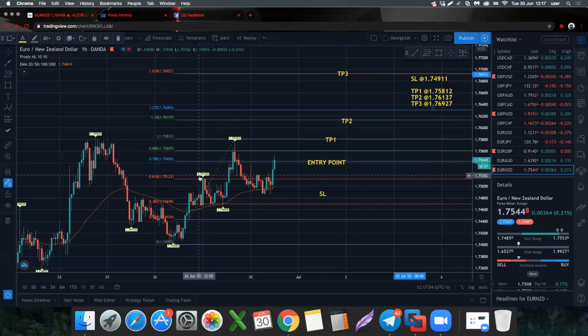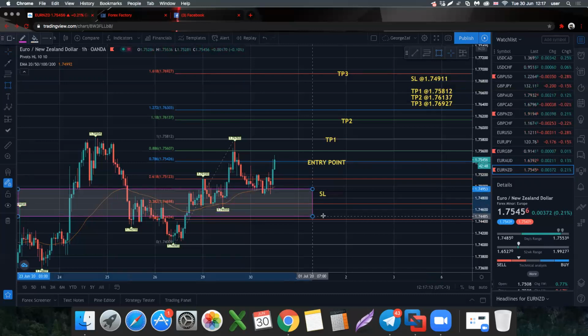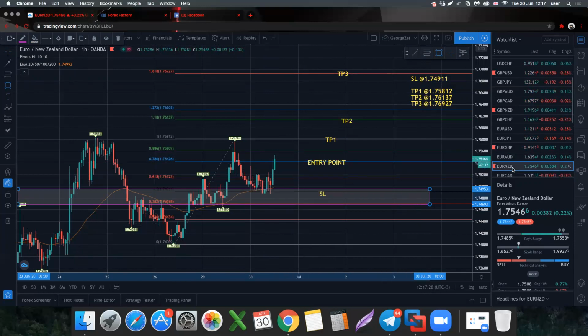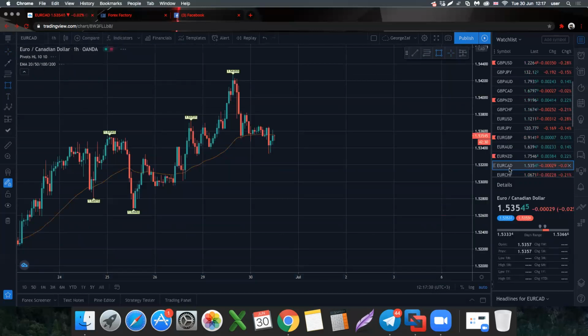Because it went up, previous retracement, the big retracement is here. And always I love this 38.2 to 50% level. Look at this. You see this resistance here, and then resistance became support, and then pulls back, support, and boom. So here we are. We got one trade, Euro NZD.